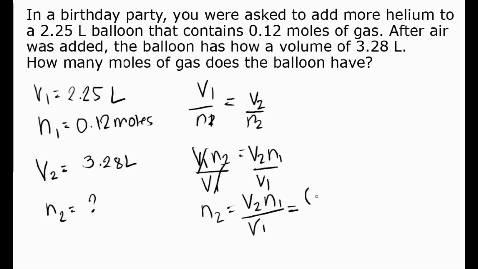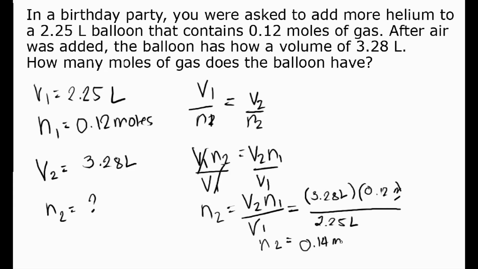And by substituting the values, V2 is 3.28 liters times 0.12 moles all over V1, which is 2.25 liters, and the n2 would be 0.14 moles of gas.